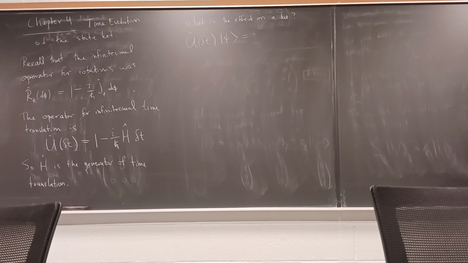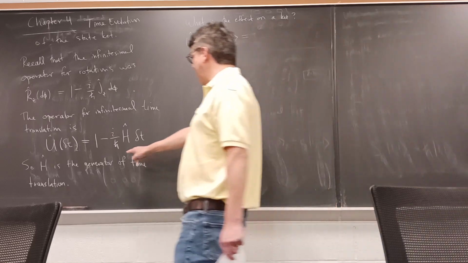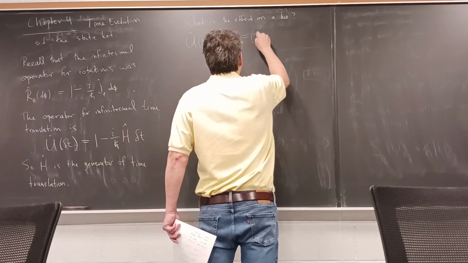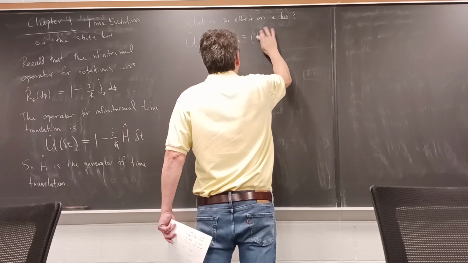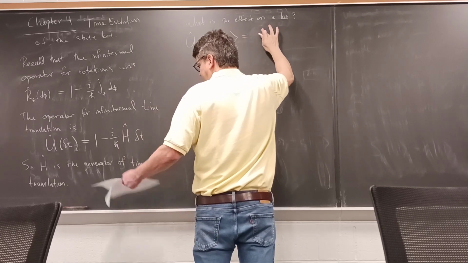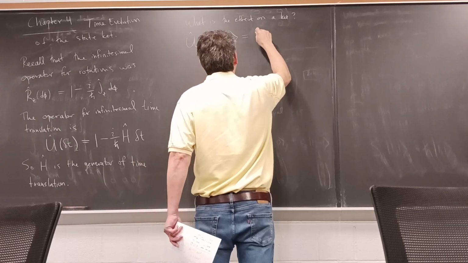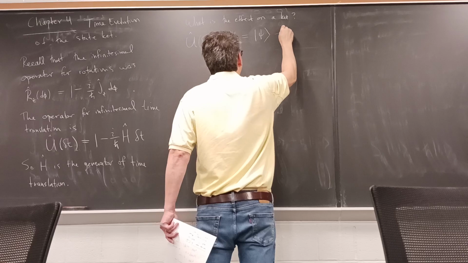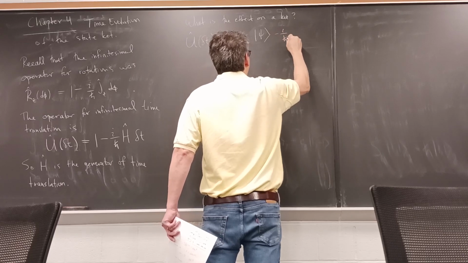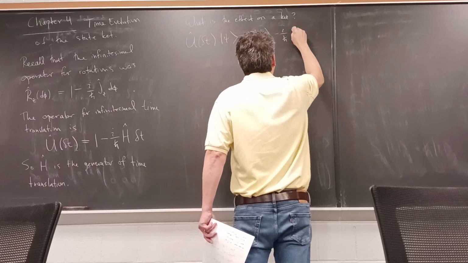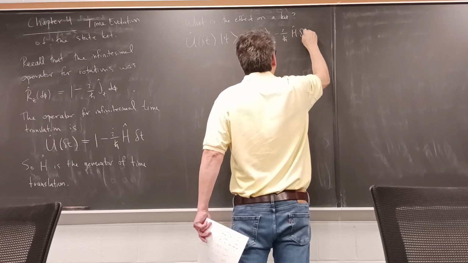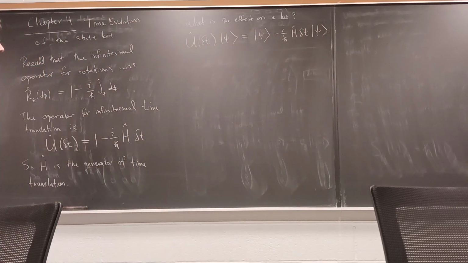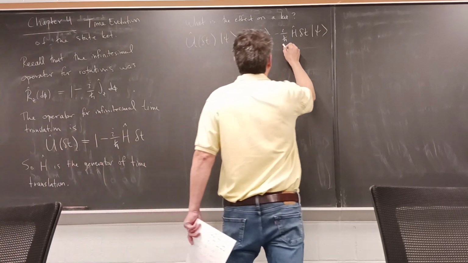Right? It should stay pretty much the same. And that's what the 1 does for us. So we'll have 1 minus, and since we need to write this out again, this will just give us psi minus i over h bar times H hat delta t psi.